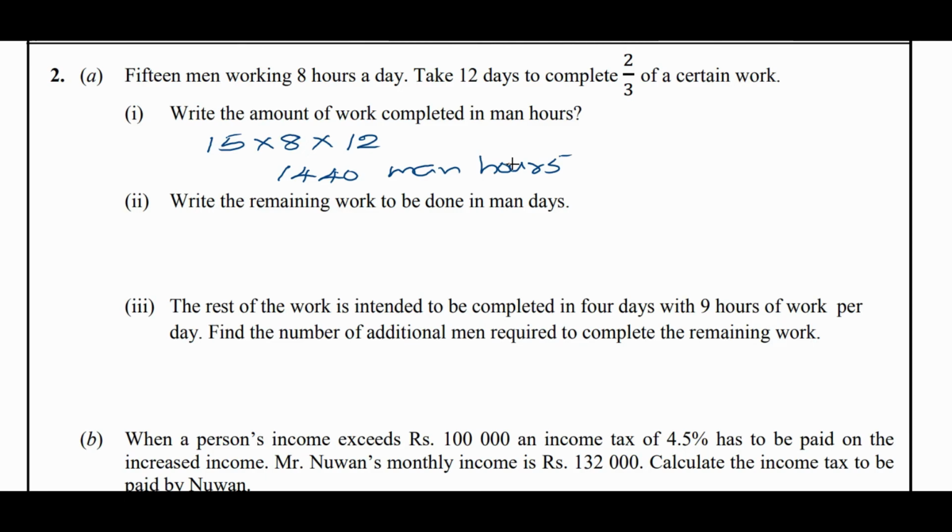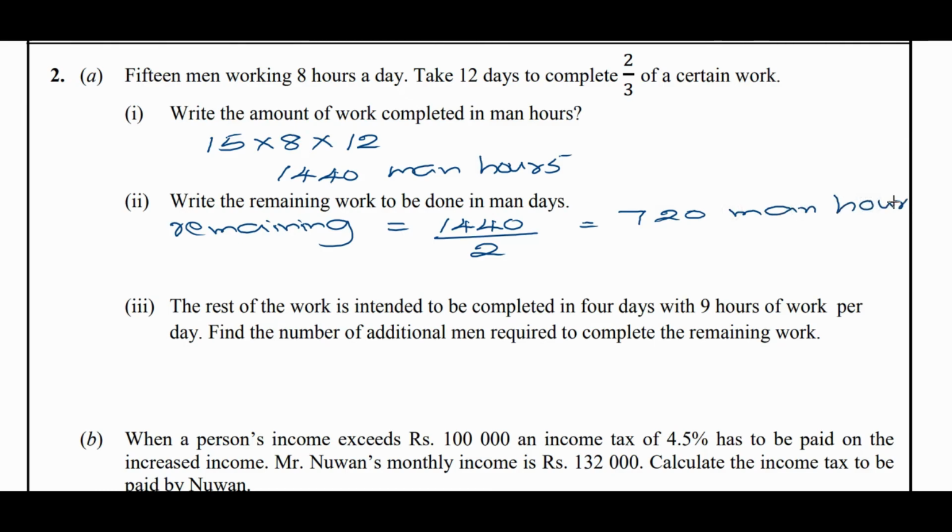Then the remaining part is 1 out of 3. Remaining equals 1440 divided by 2. We can get one equal part because this has two parts. That means this equals 720 man hours.